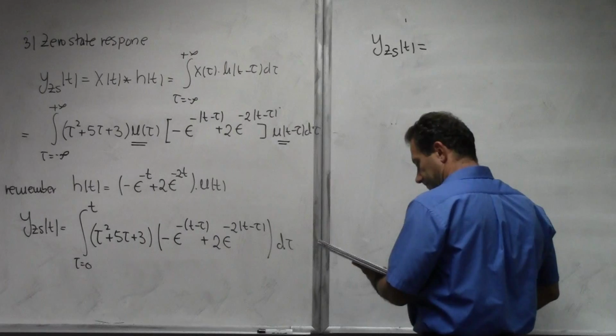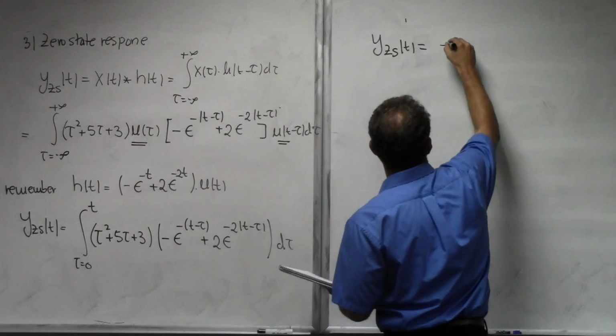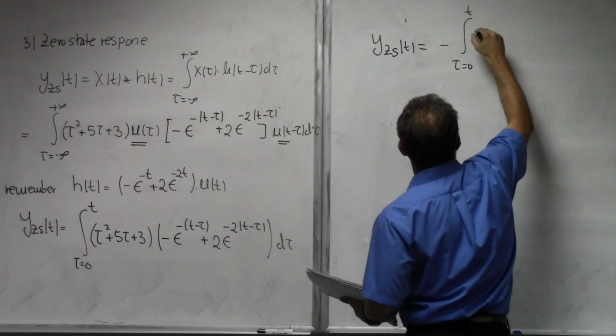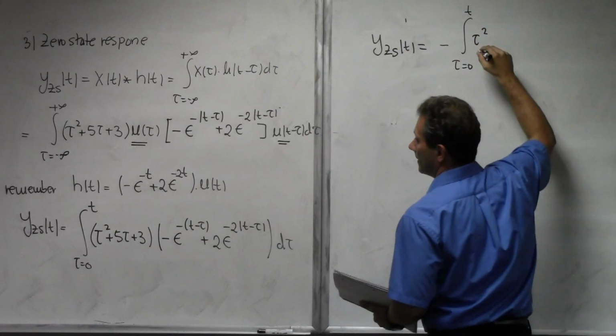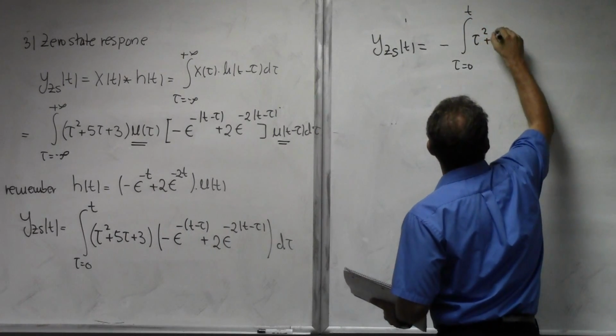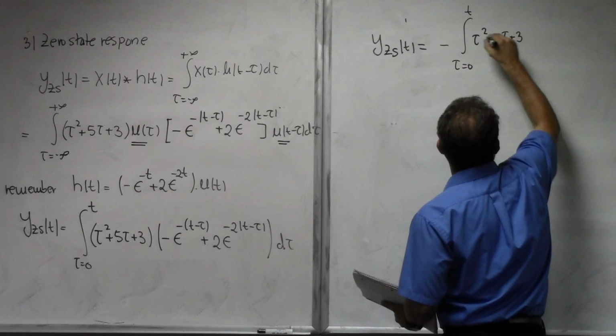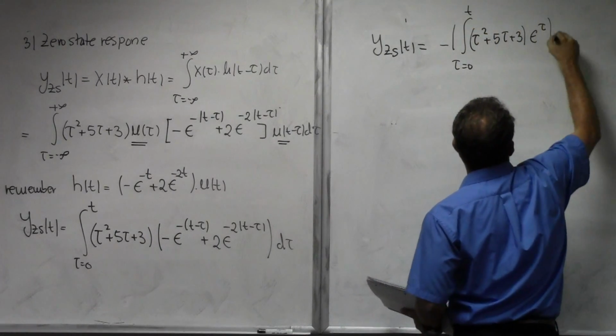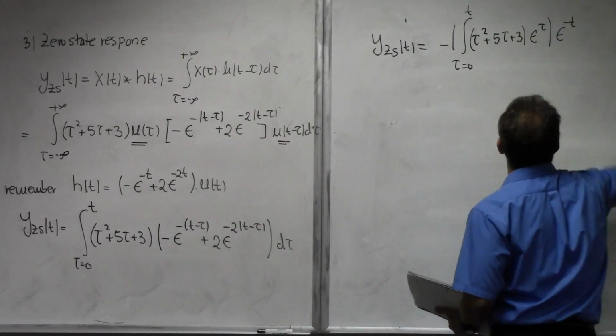So this becomes minus integral when tau goes from 0 to t, tau squared plus 5 tau plus 3 e to the tau, and then everything multiplying e to the minus t.